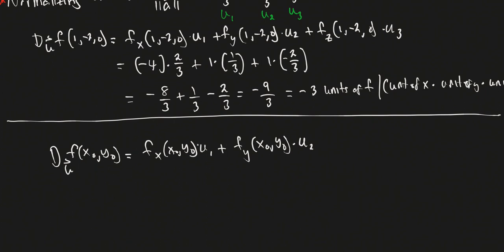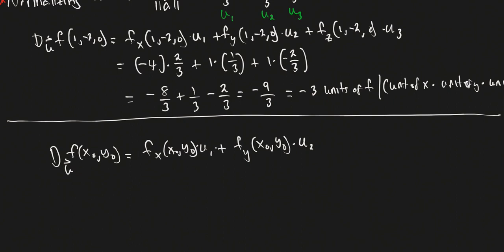Now, if you look closely at what's going on here, we have a partial with respect to x multiplying the x component of the direction vector, and then we have a partial with respect to y multiplying the y component of the direction vector, and these two things are being added together.